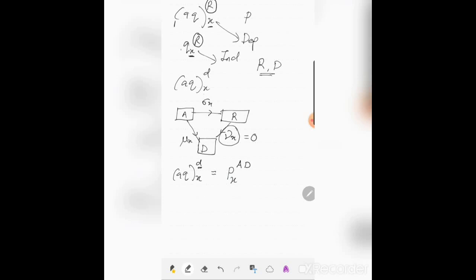So these two mean one and the same. So AQXD is the same as PX A to D. This is one important relation if there is no other transition operating. If I assume that this is 0, then this is an important relation that is coming into the picture.